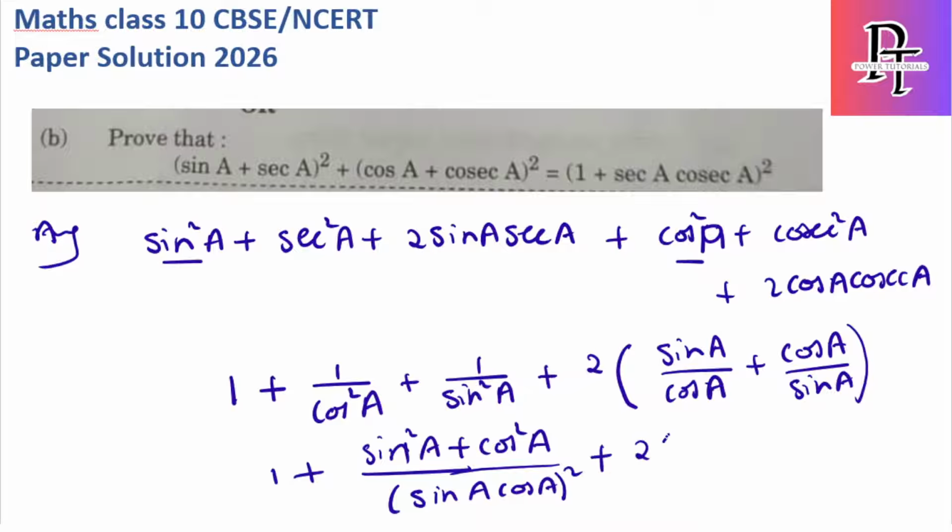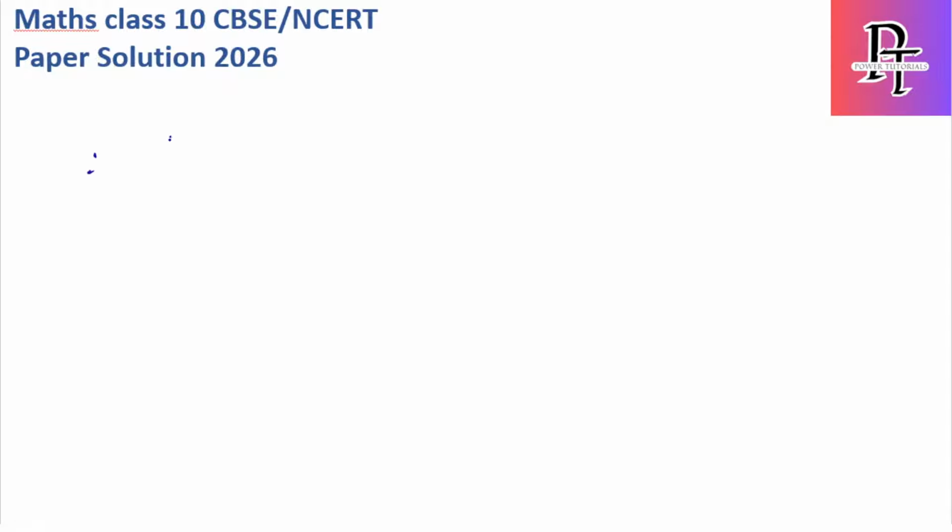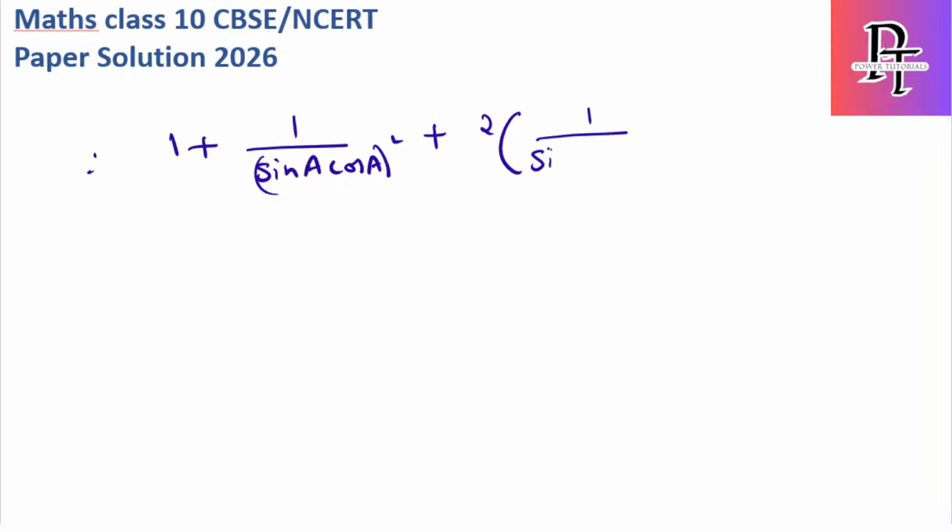Here also it will be the same, sin square a plus cos square a by cos a sin a. Okay, now the last step, this will be 1 plus 1 by sin a cos a whole square plus 2 into 1 by sin a cos a.